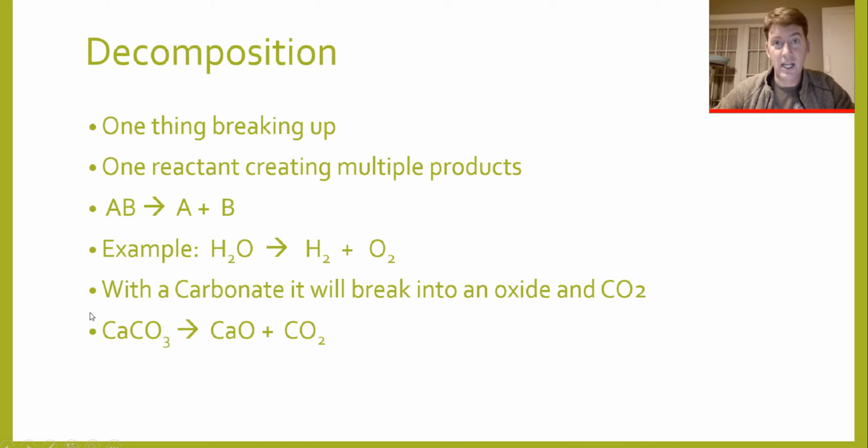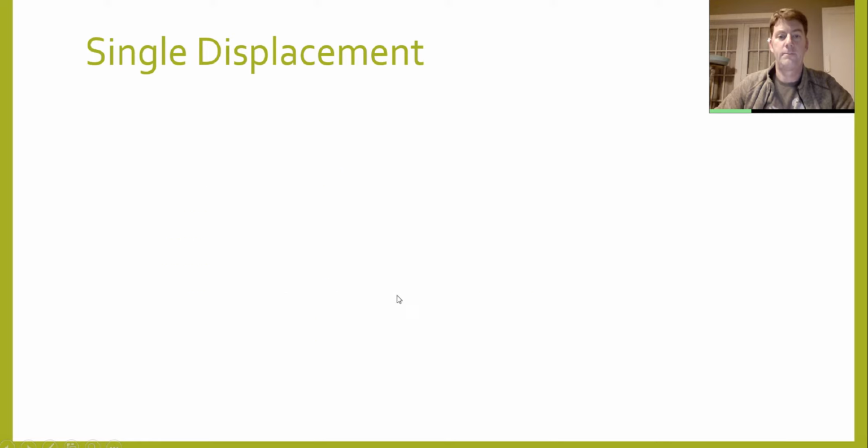It's from seashells. That's what they're made of. Limestone and marble, all that stuff is calcium carbonate. But when it breaks down through decomposition, it turns into calcium oxide and carbon dioxide gas. So you will probably see some bubbles coming off on this. That's a sign of a chemical reaction happening. So that's one thing specific that we will talk about. So if you see a carbonate go through decomposition, you know it should break up in this manner.